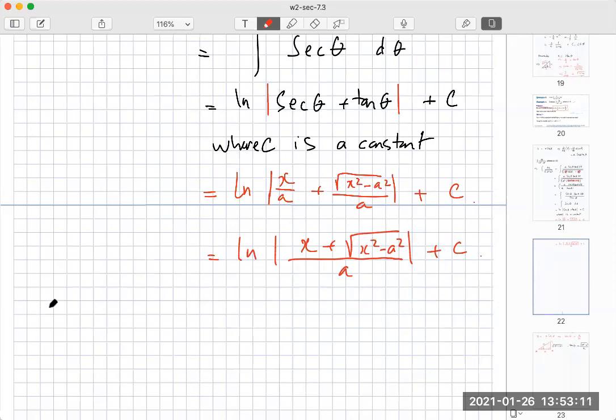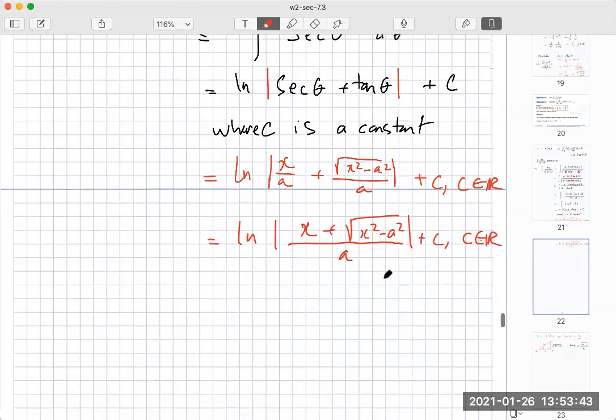Okay. Say it again, please. Oh, C is in R. Oh, I'm sorry. Okay, very good. Thank you. Yeah, you're right. C is in R. Thank you. That is a better writing. We should write it explicitly here.